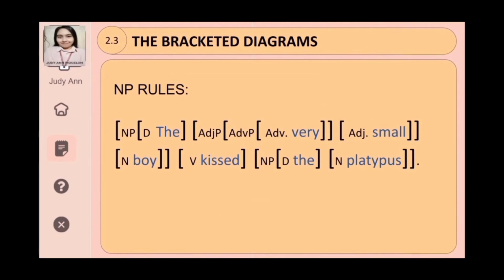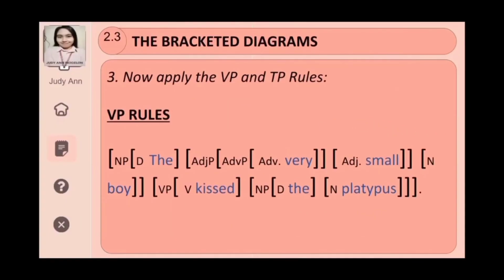Same as what we did, place a bracket here and label it as noun phrase, then add a bracket right here. The next step is applying the verb phrase rule and the tense phrase rule. First, the verb phrase rule. In the sentence, our verb phrase is kissed the platypus. So, place a bracket here with label verb phrase, then add a bracket right here.